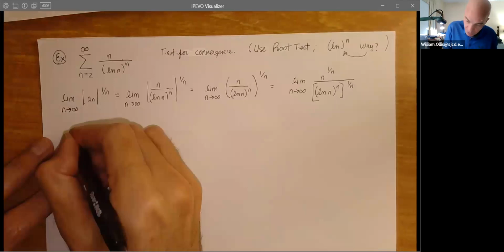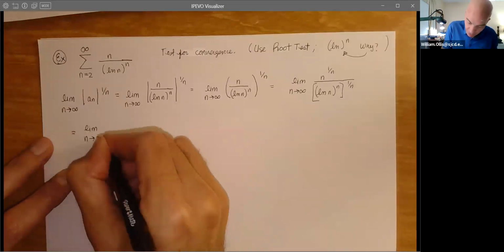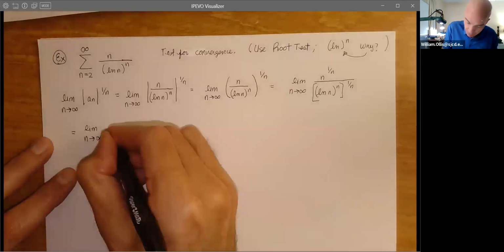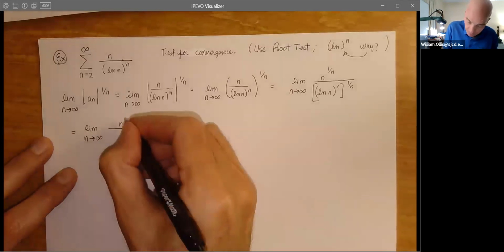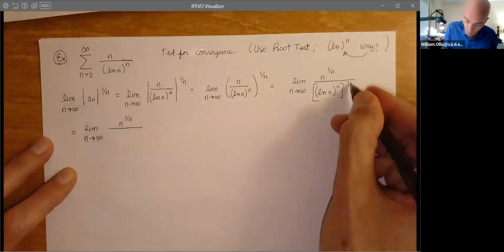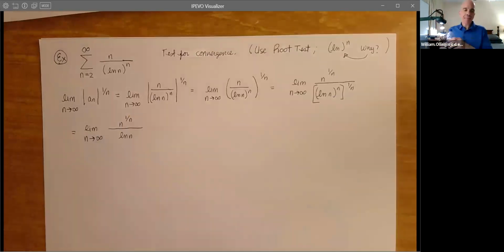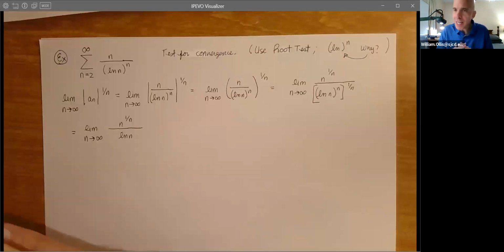So now this equals the limit as n approaches infinity of n to the 1 over n, and of course, the n and 1 over n absorb, and we get ln of n. Now, this is what's interesting here. You're thinking that's a special limit here. This n to the 1 over n, that's just nth rooting n.